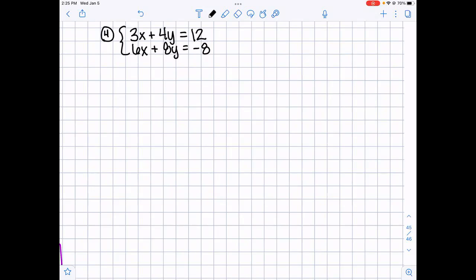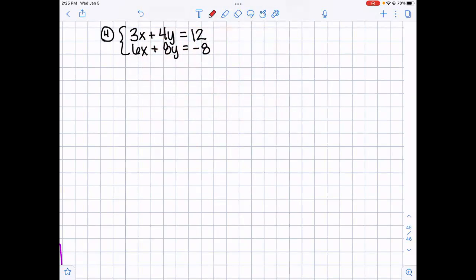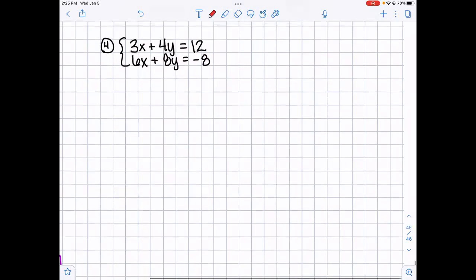All right, write this down. What are we going to have to do first, people? Put it in slope intercept form. Okay, so 3x plus 4y equals 12. What do I need to do to solve this?